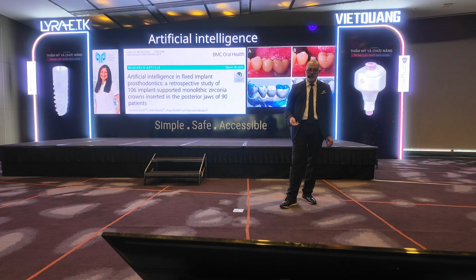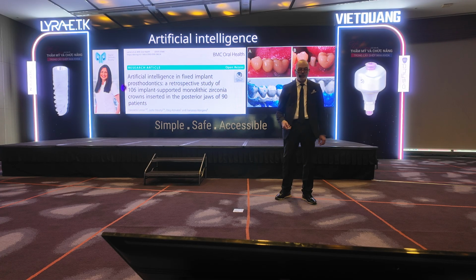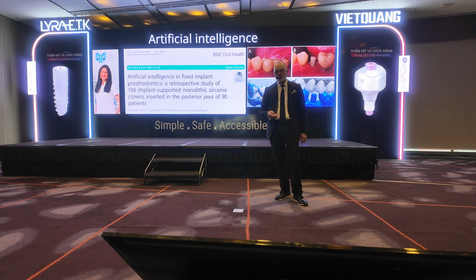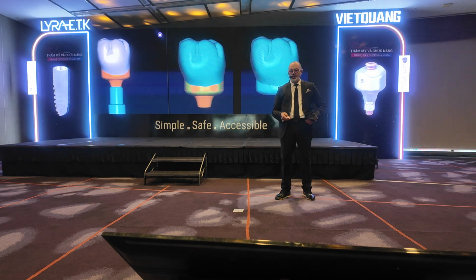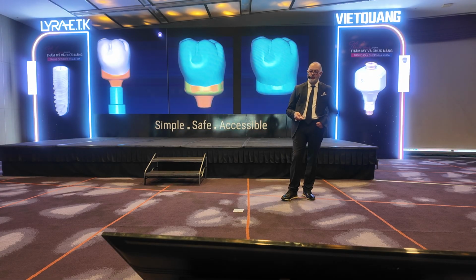And just to tell you that we have been working for many years on the way to select the abutment and the crown using artificial intelligence. And this is a paper I published with Henriette Lerner from Germany to show, in a very large number of implants, 106 supported monolithic zirconia crowns, which is a very high number of crowns, how by using artificial intelligence we succeeded in having a really interesting outcome for the final crowns.